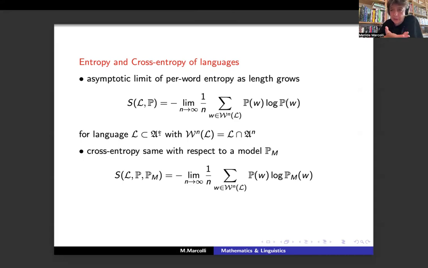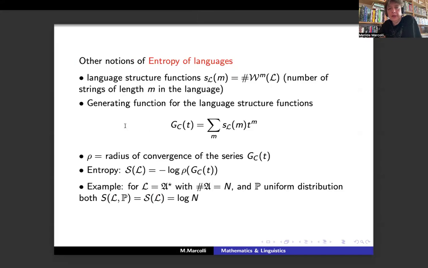And again, you can evaluate the cross entropy with respect to different model probability distributions and an actual underlying probability distribution in this asymptotic sense. There's this kind of asymptotic behavior of the number of words in a language. You can construct corresponding generating functions.